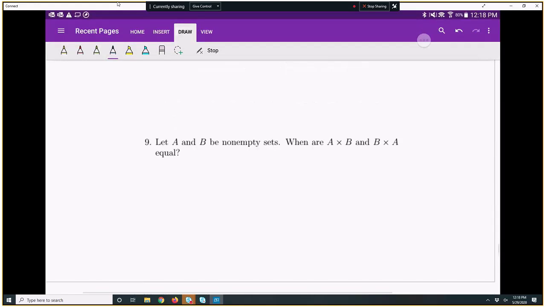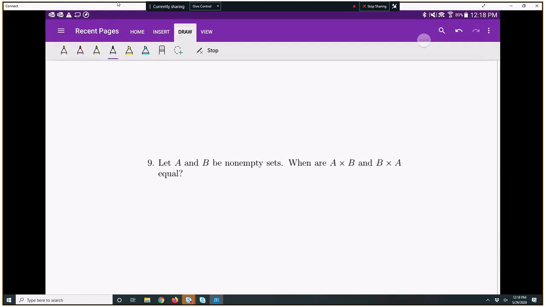Finally, we are asked, for any two non-empty sets, when are A cross B and B cross A equal? Well, if A cross B is equal to B cross A, then I know that A cross B intersected with B cross A should be equal to A cross B, also equal to B cross A. Why is that?